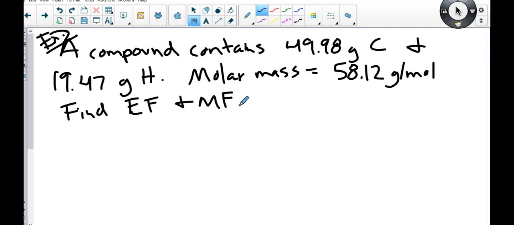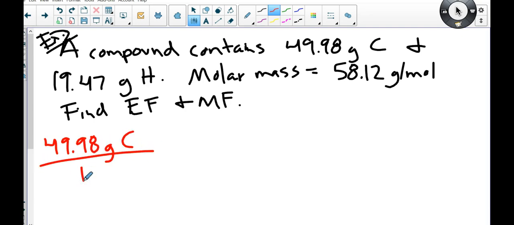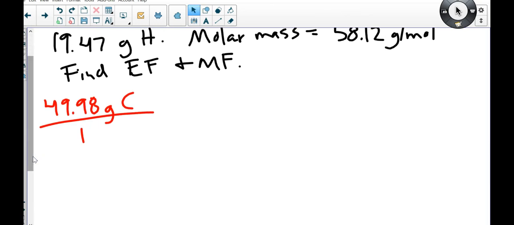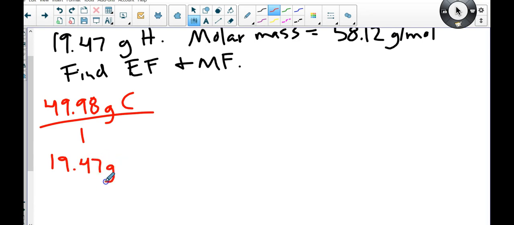So I'm going to go ahead and start working this out. You ready? So I'm going to go 49.98 grams of carbon. Percent to mass. They already gave you mass. Sometimes they'll give you mass, so you don't have to change the percent sign to grams. So percent to mass, and then mass to mole. 19.47 grams of hydrogen. So that's the first step: percent to mass, mass to mole.